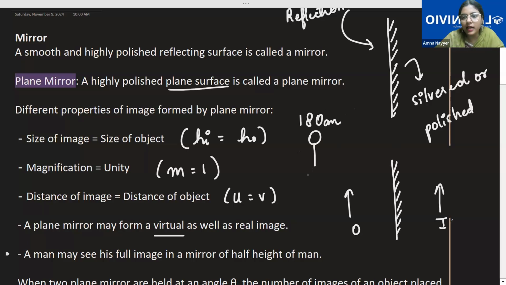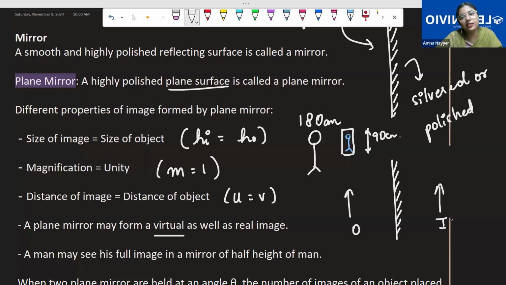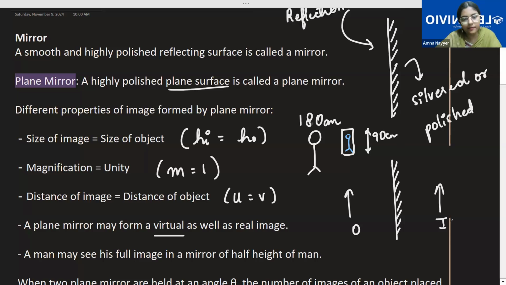So he will be able to see his exact full image in a mirror of 90 centimeter, means half of his height. Okay, ma'am.